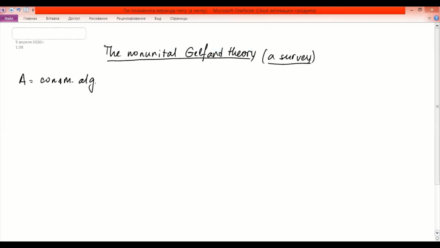We should consider only those maximal ideals which have the following property. So let's say that an ideal I of A is modular if the quotient of A modulo I is unital.